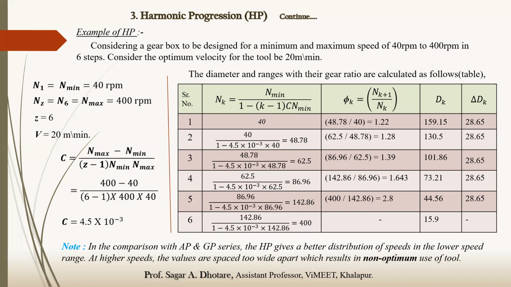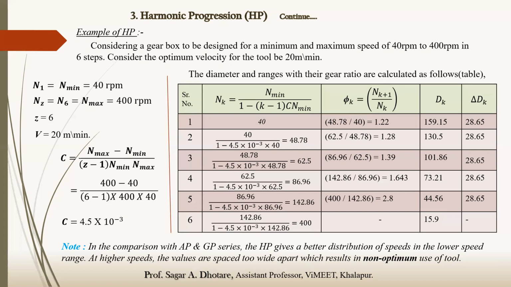Let's see how we can calculate nk, phi k, dk and delta dk. Here we are keeping delta dk constant. First of all, you need to calculate the value of c. As we have all the values of n max, n minimum and z, putting all the values in the equation, we get c is equal to 4.5 into 10 raised to minus 3.